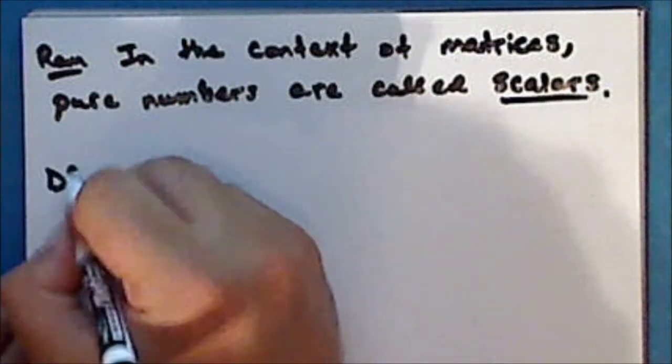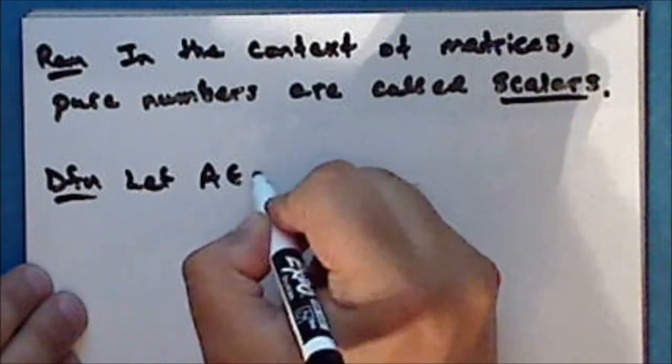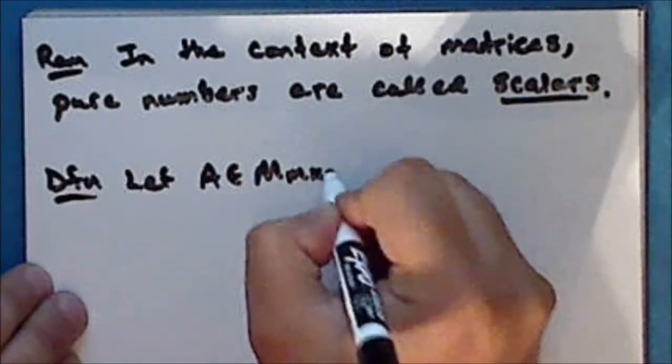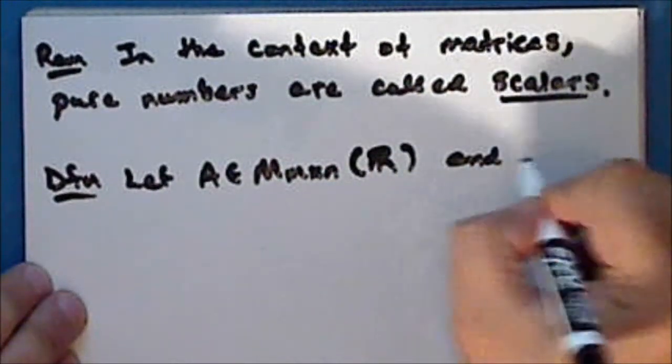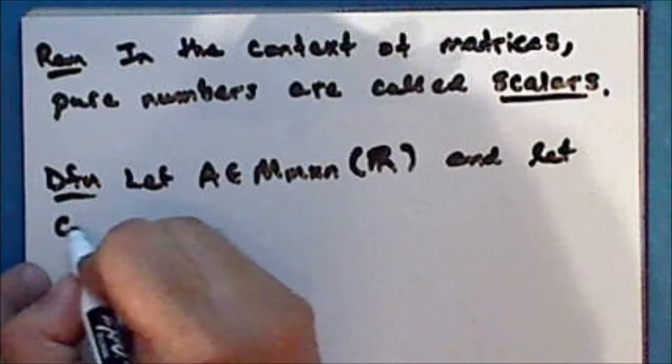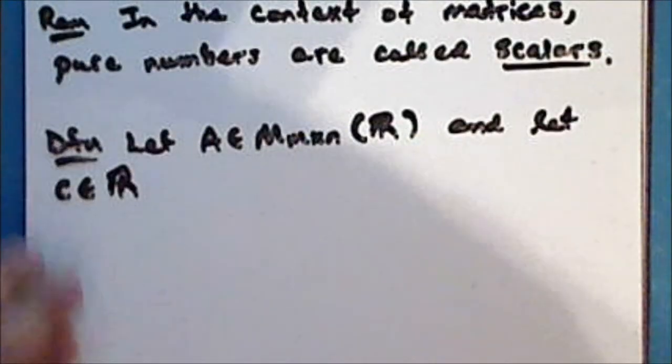So, new definition. Let A be an M by N matrix with real entries, and let C be a real number, that is, a scalar.